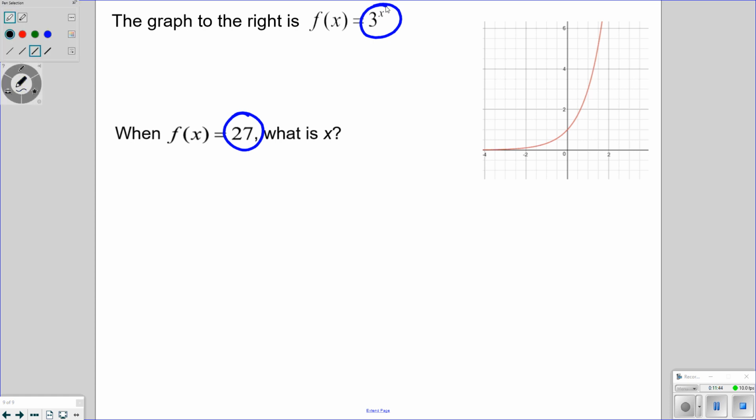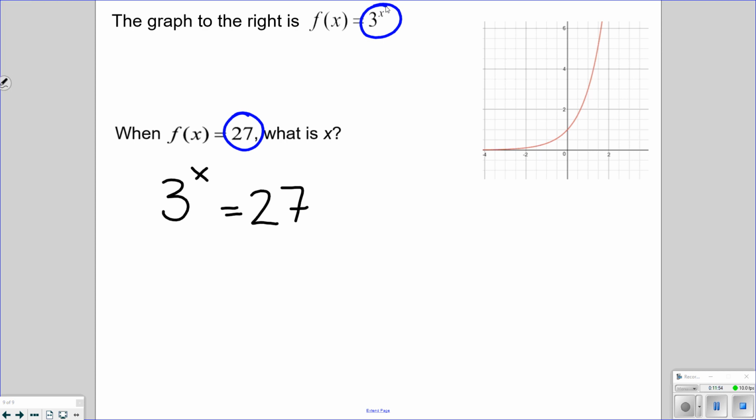Now, I do not know how to undo an exponent that is a variable. So I have to just do a little bit of a guess and check method here. So I'm going to start. If I let x be 0, so let's say 3 to the 0 power, that's going to be equal to 1. Let's try 3 to the first power. That's going to be equal to 3.